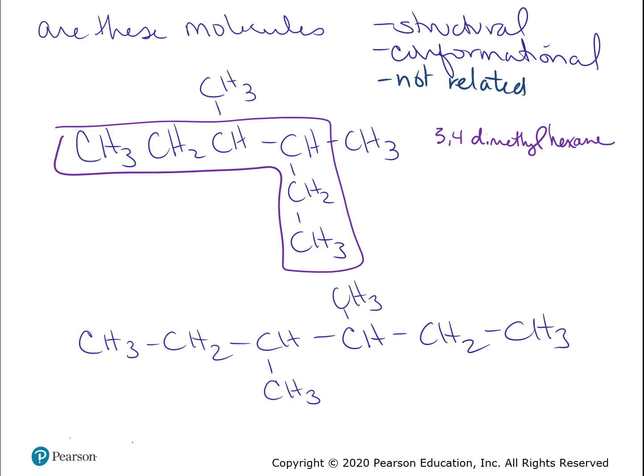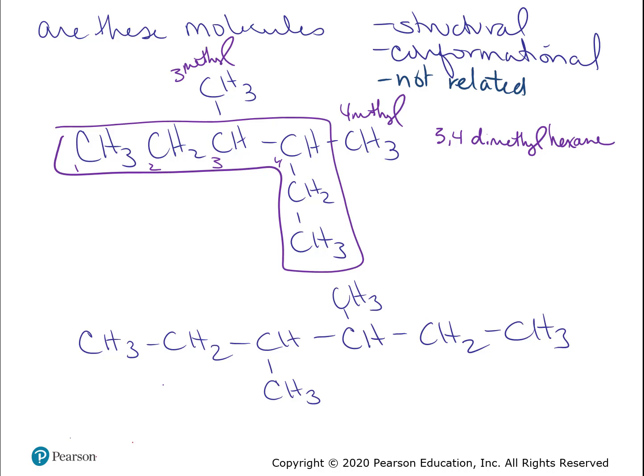Okay, longest carbon chain is 6, that's a hexane. If you number 1, 2, 3, you get to a methyl, or 1, 2, 3, you get to a methyl. Doesn't matter either direction, the numbers are going to be the same. So this would be carbon 1, 2, 3, 4. So that is why this is a 3-methyl, and this is a 4-methyl. So you put them together to make 3,4-dimethyl hexane.